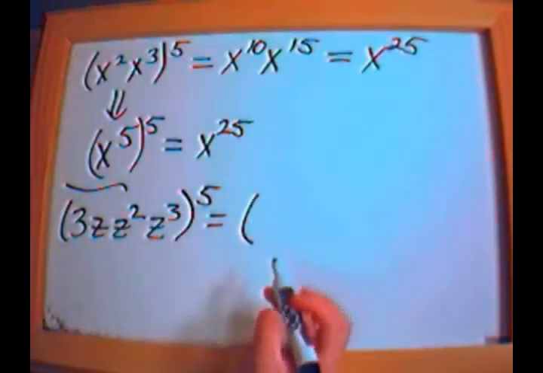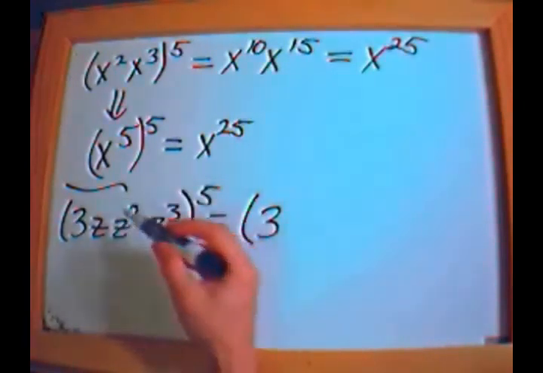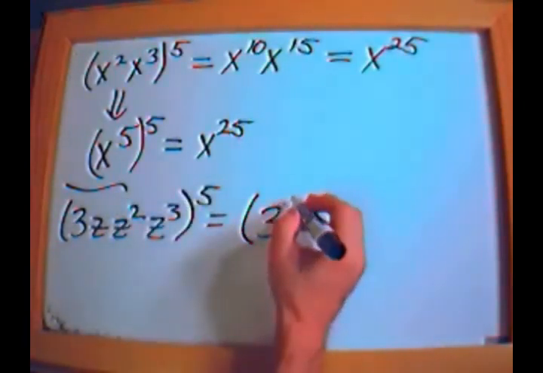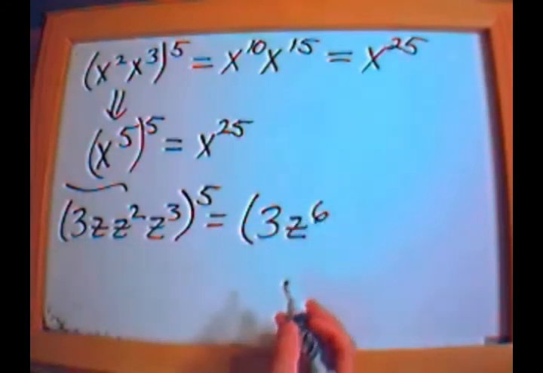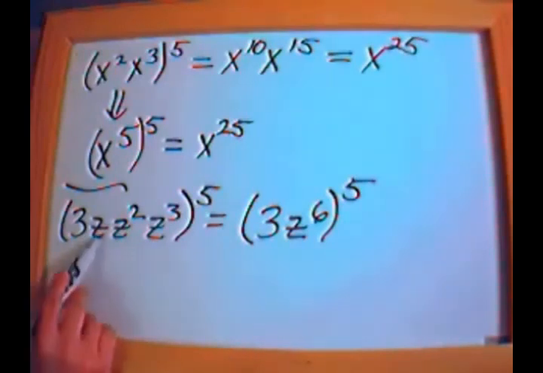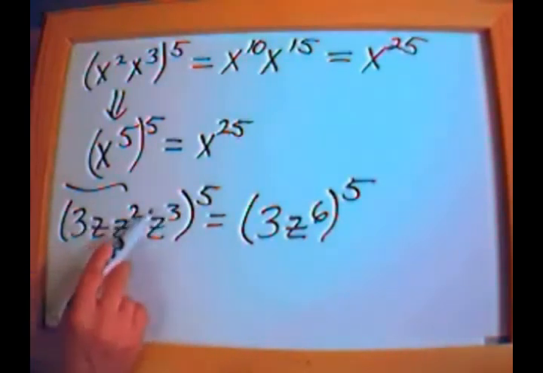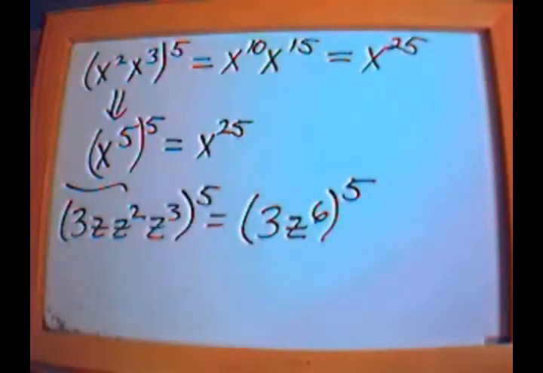So what I'm going to have is, in the inside, 3, and then I've got a z, and a z, and so I can simply add these exponents. So 2 plus 1 is 3, 3 plus 3 is 6, so I've got 3z to the 6th power on the inside, and then I've got a 5 on the outside. And so I was able to simplify this by simply adding 1 plus 2 plus 3 gives me 3z to the 6, and then I've still got my 5 sitting out there.